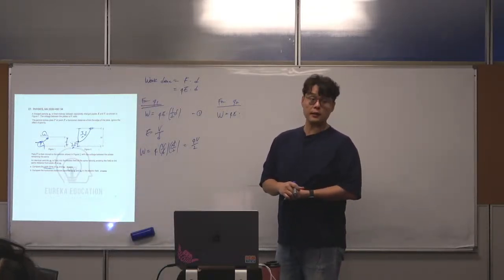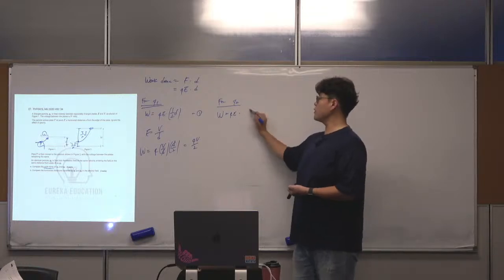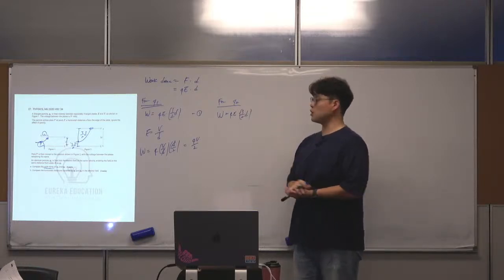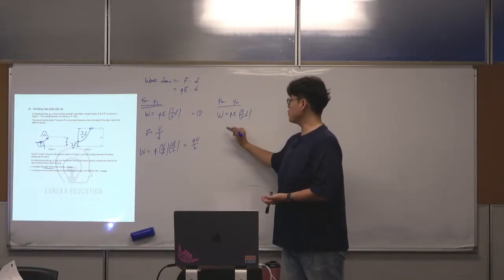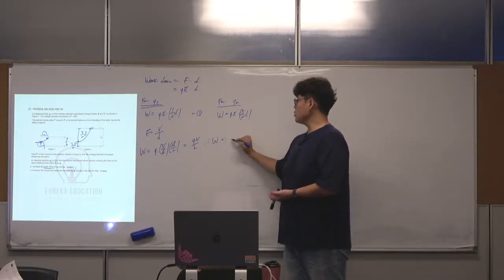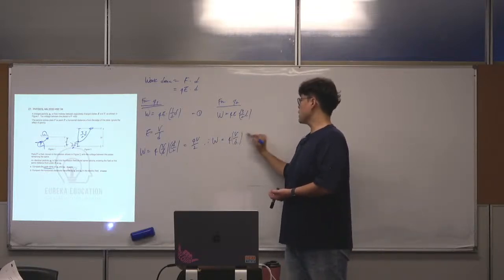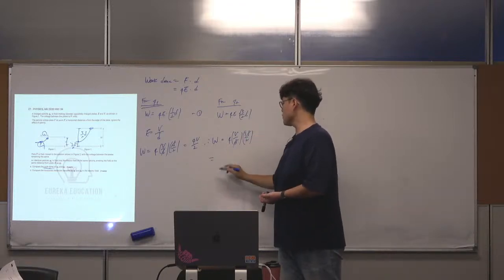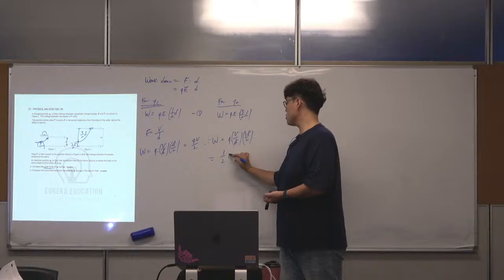Does it make sense? Then instead of half D, we put 3 on 2 D and substitute E equals V on D. You get Q times V on D times 3D on 2. Cancel the D again, leaving 3 on 2 QV.